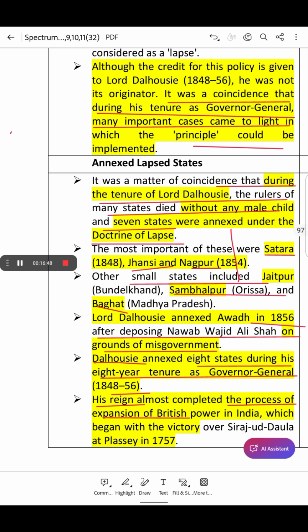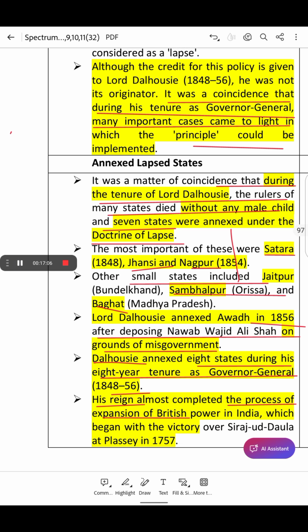We also remember that Rani Lakshmibai of Jhansi strongly opposed this, leading to her role in the revolt of 1857. So this policy contributed to growing resistance against British rule.